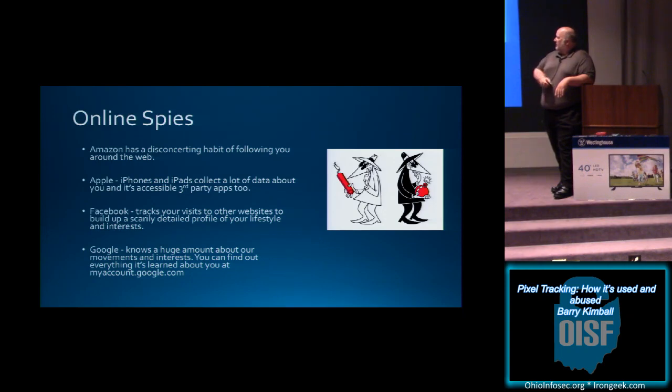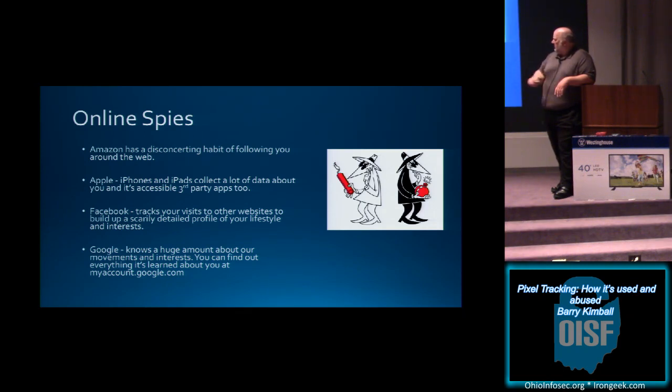Like I said, online spies, I imagine most everybody in this room is pretty familiar with just how bad different companies are at spying upon us. Of course, between Amazon and Apple, Facebook and Google, there's some information on the slide there if you guys wanted to read through.